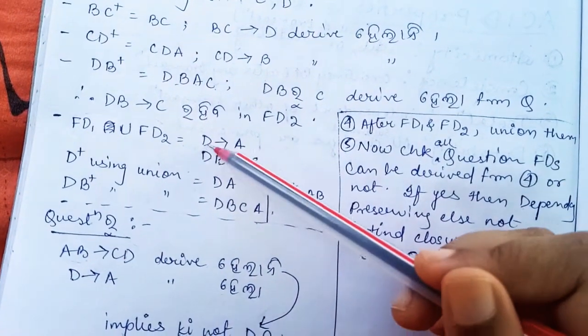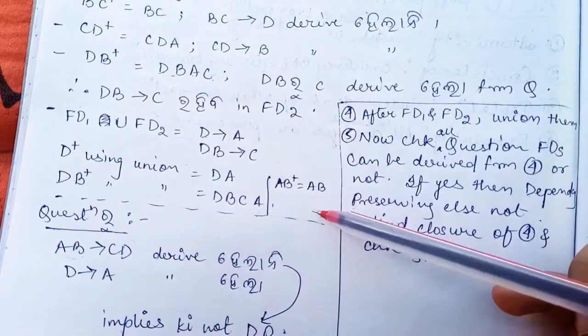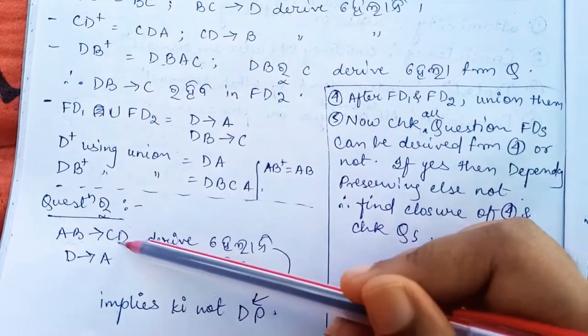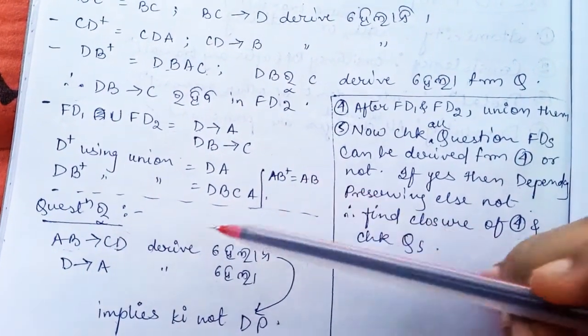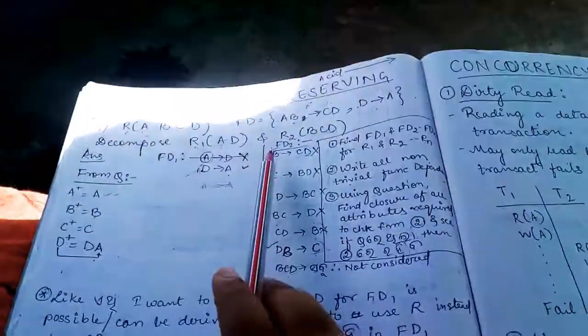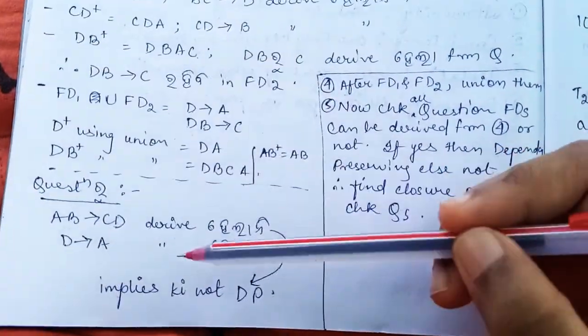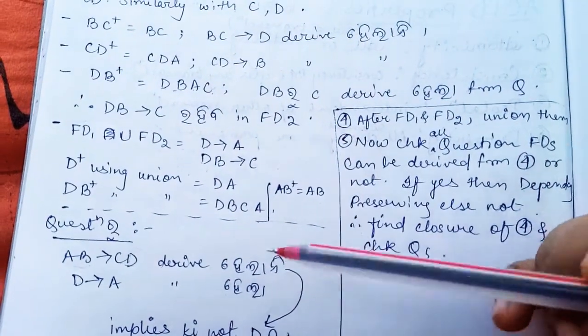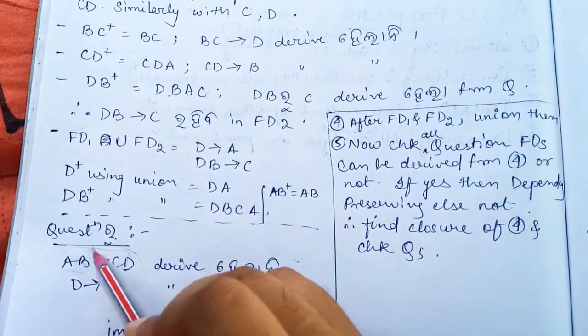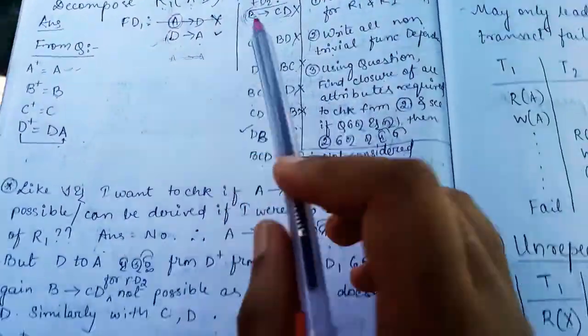Therefore, AB closure from here is AB. But we had to derive CD. Since CD is not derived from AB using the union of whatever we had decomposed earlier, therefore this dependency is not preserved while we decomposed into these two.